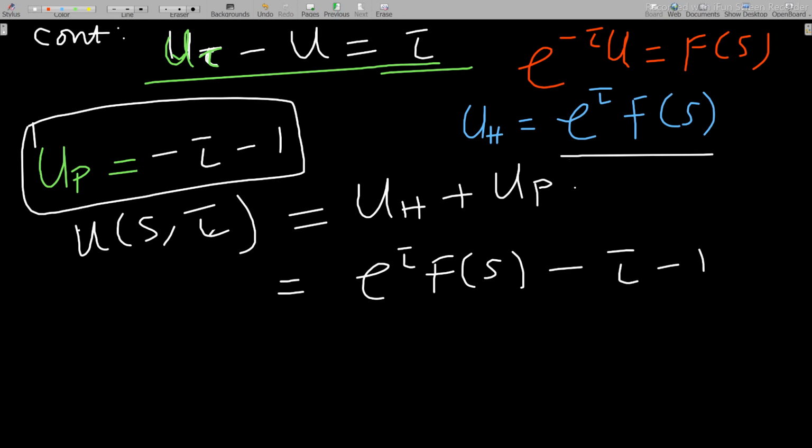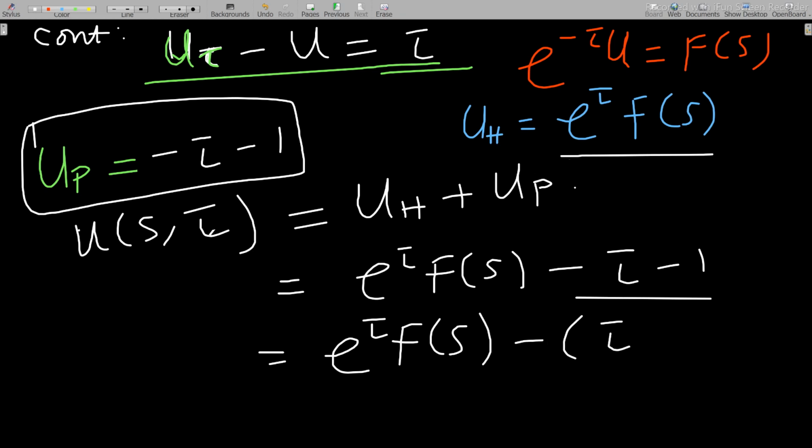So this whole thing should be equal to, writing these first, e to the tau f of s, and let me factor minus 1 out: minus, 1 plus tau.